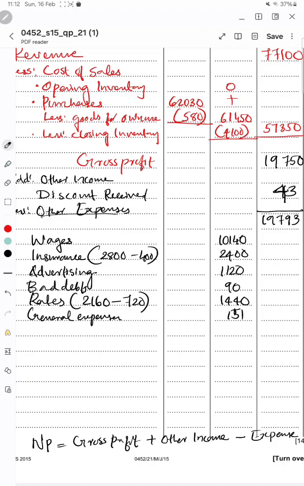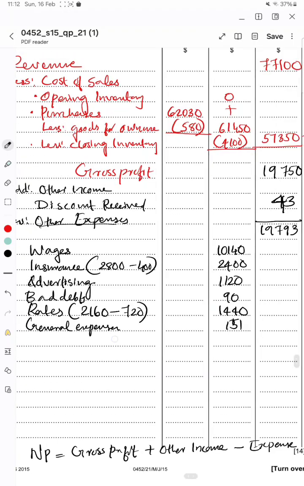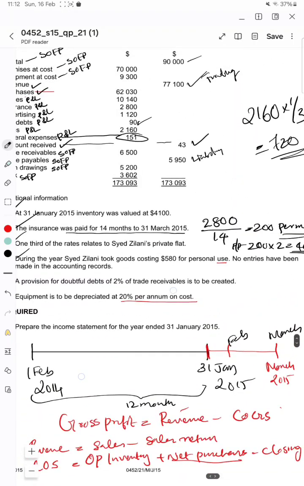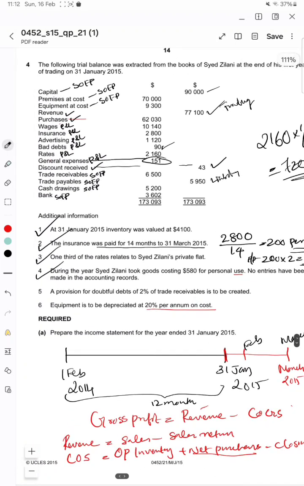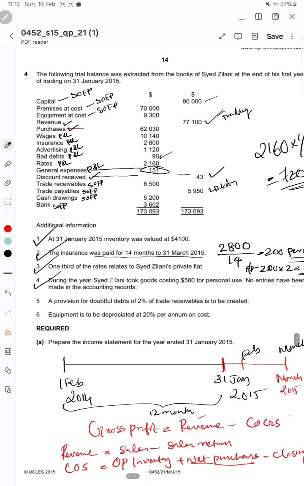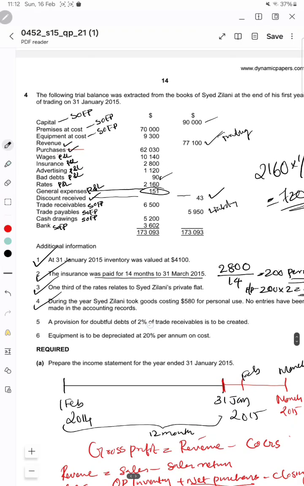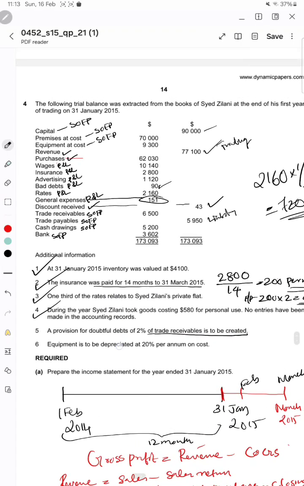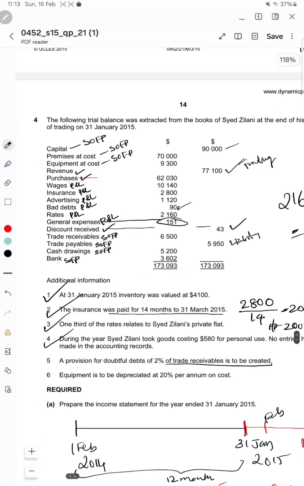Now next part is provision for doubtful debts to be created, right? A provision for doubtful debts on 2% on trade receivable should be created. That is a new provision. So here it is on trade receivable. Now check the trade receivable balance, how much it is.